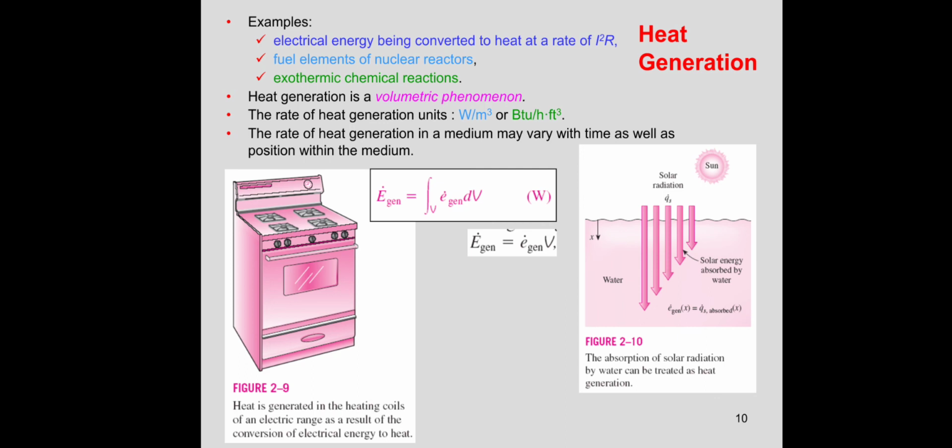So small e dot generation means the energy generation per unit volume, multiplied with volume dV. So we have integrated the small e dot generation over the volume. That's why we have this equation. Okay, so heat generation is, if you consider any body, and in that body heat is produced without transfer of heat from the surrounding medium, then it is considered as heat generation.